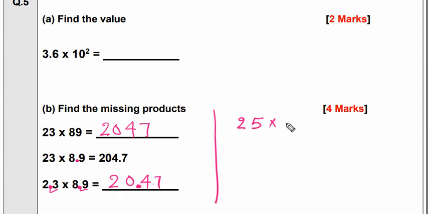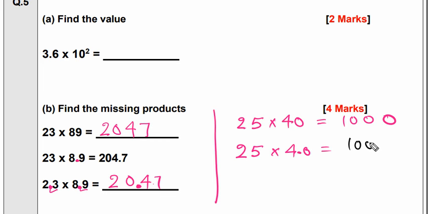Let me write something easy. 25 times 40. 25 times 4 is basically 100. Now if I write 25 times 4.0, then it's easy, right? 100.0.